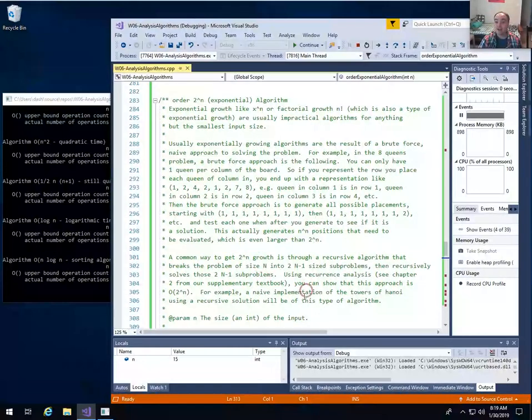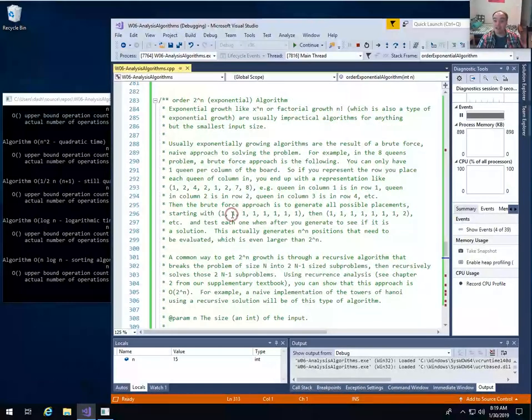So a naive algorithm is just to start by generating all possible queen placements. So this represents all queens are in row 1, and then you test whether that's a board position where none of the queens are attacking each other. Now if you do that, of course, you have to do 8 raised to the power of 8. So it's actually n to the power of n.